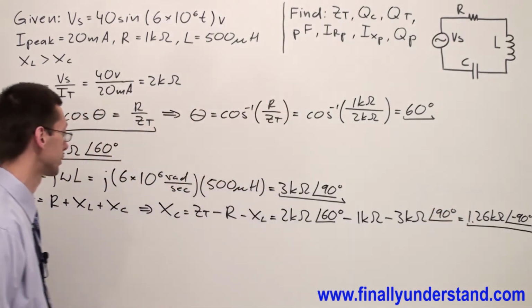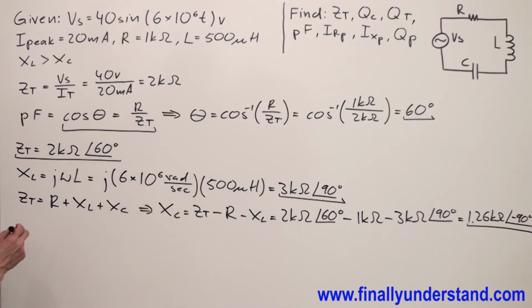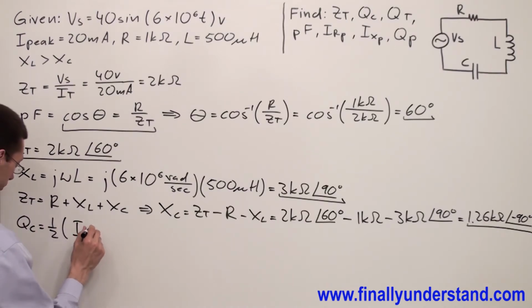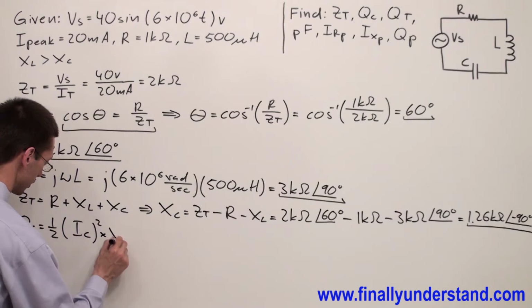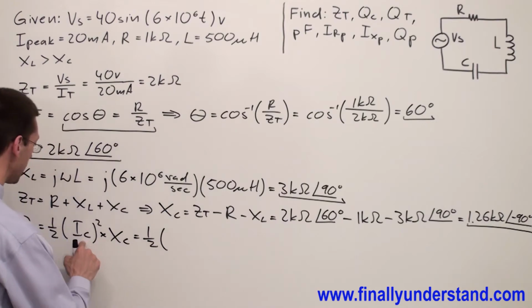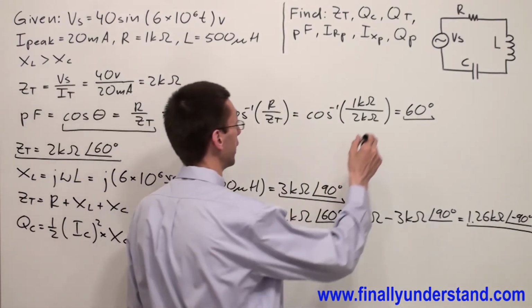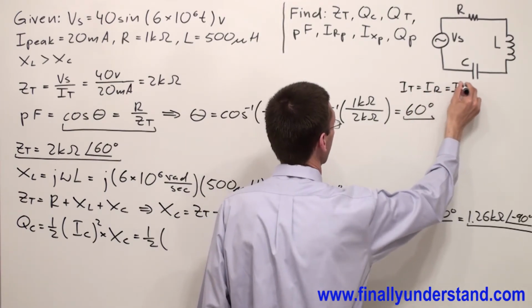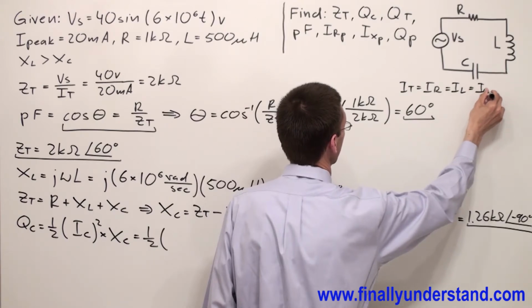If I have the capacitive reactance in my circuit, I can easily find the reactive power. So I have QC equal to 1/2, I'm supposed to use 1/2 because I'm using peak value, times IC raised to the second power times X of C. This is equal to 1/2, and for IC, you're supposed to keep in mind that I total is equal to IR, also equal to IL, and this is also equal to IC.